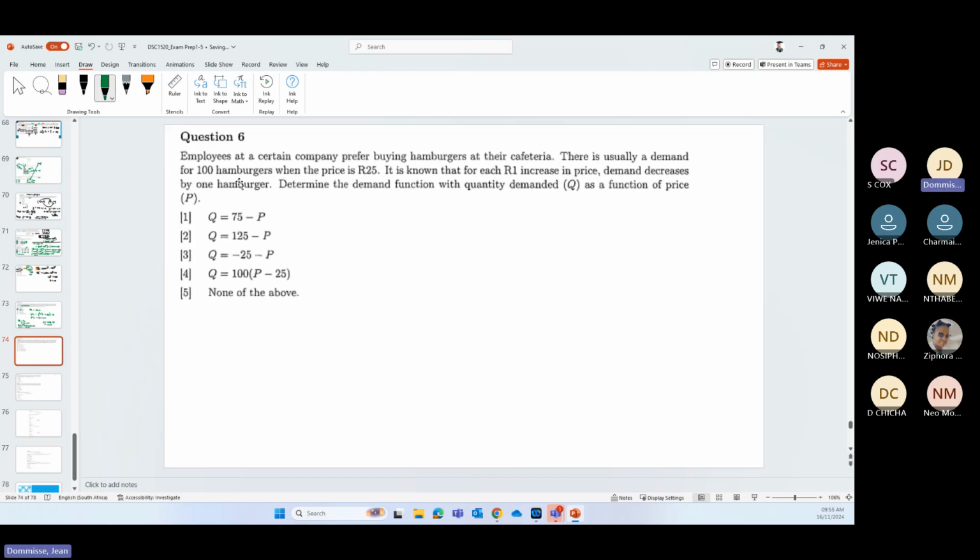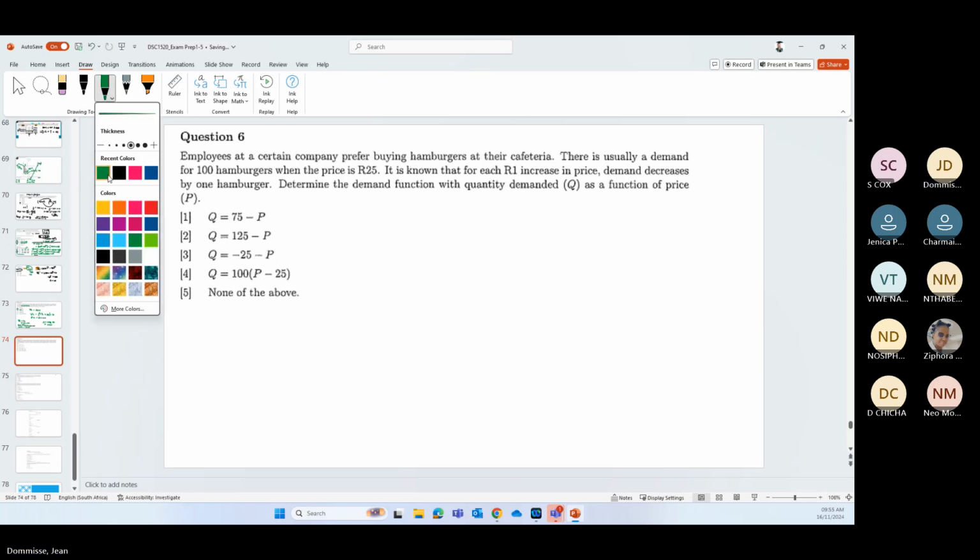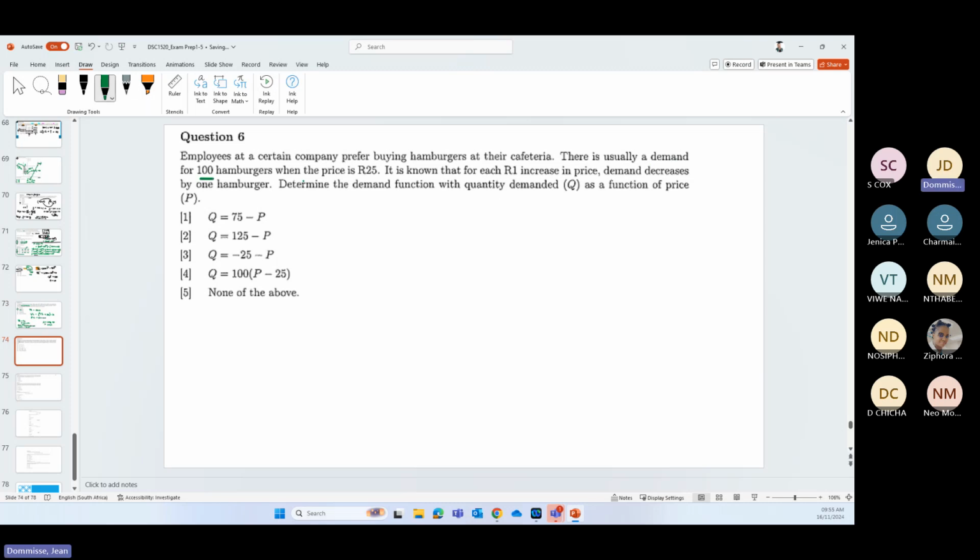Employees at a certain company prefer buying hamburgers at their cafeteria. There is usually a demand for 100 hamburgers when the price is 25.